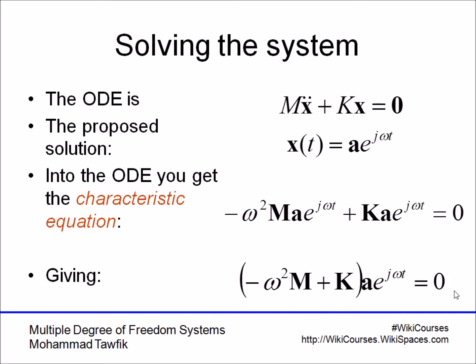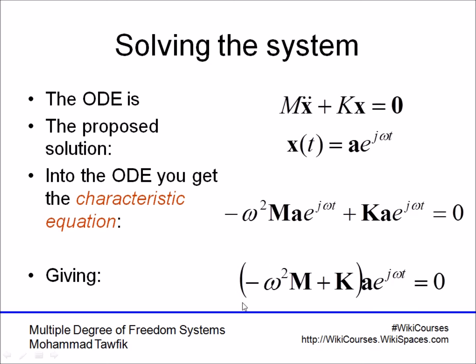For a free vibration problem where no forces are applied, if you get a equal to 0, then there is no motion at all, which will definitely not be good news for people who work in this field. And e to the j omega t is a general function, so we can divide by it.